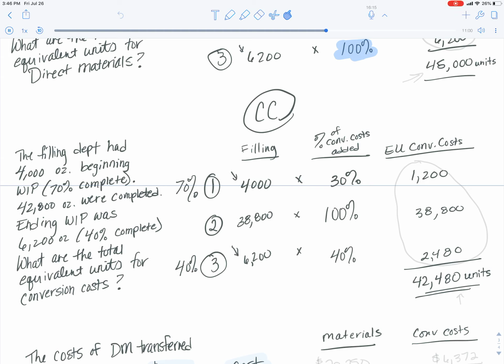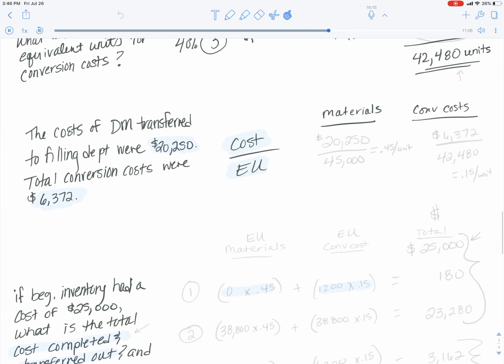So now we can move on and we can say, okay, we know how many equivalent units we're going to use. What did all of the material and conversion costs cost us in dollars? So the problem says here that direct material cost us $20,250 and conversion costs were $6,372.